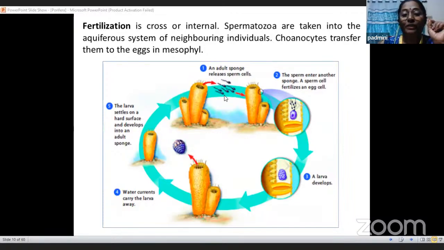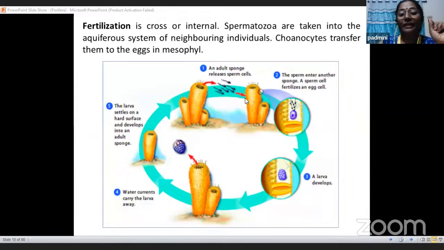That sperm comes out of the osculum and swims outside, reaches a new porifera, and is taken into the ostia. They are not going into the osculum. Remember, they are traveling only through the ostia or the pinacoderm. The osculum is only to throw out things, never to accept. Acceptance is only through the pores. That's why they're called poriferans.